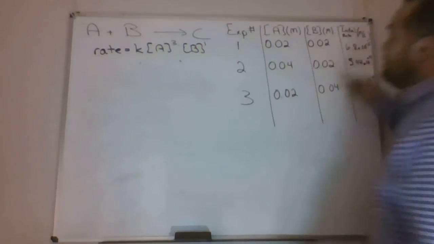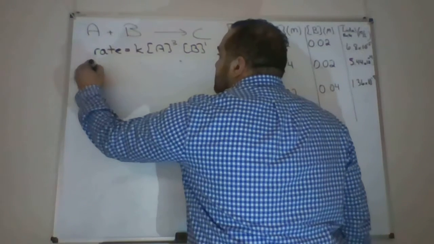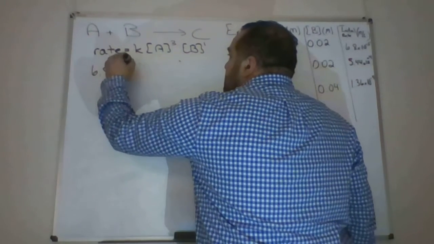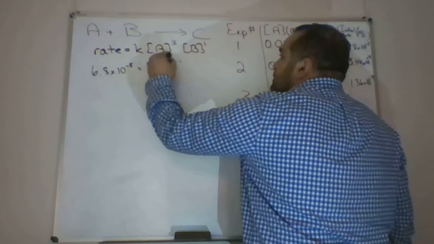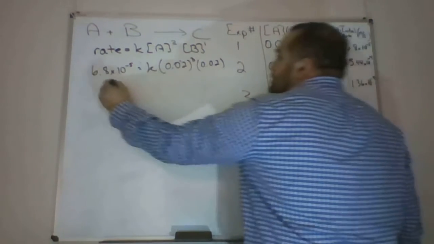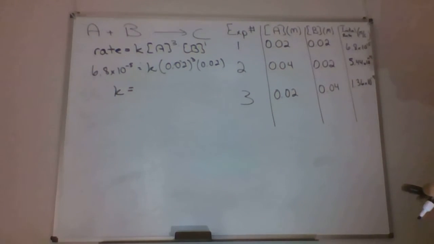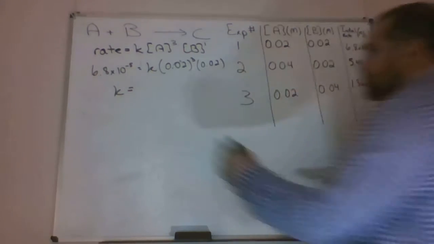So now I'm going to choose experiment 1 and calculate the rate constant. When we solve this, we get 425.